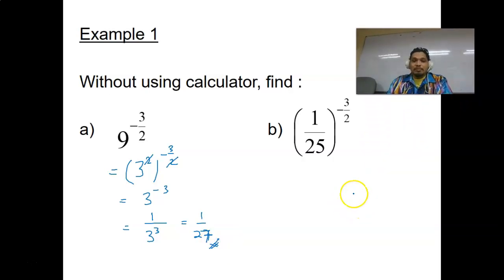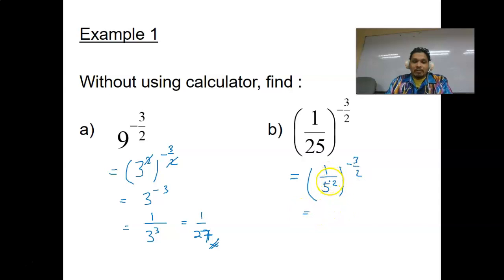So what about this one here? For this, 1 over 25 is 1 over 5 squared, to the power of negative 3 over 2.